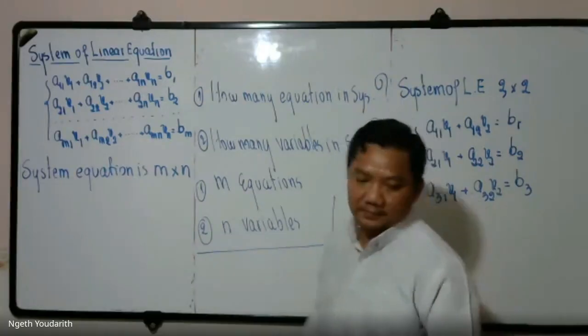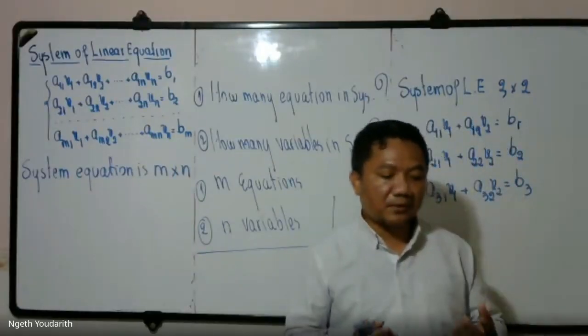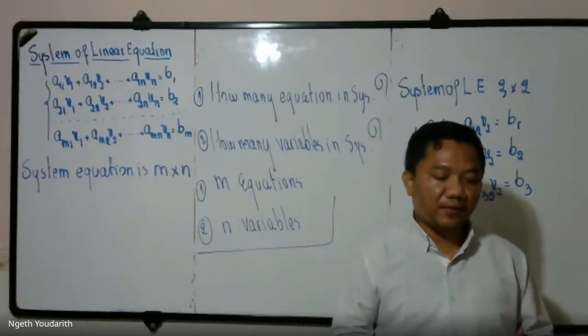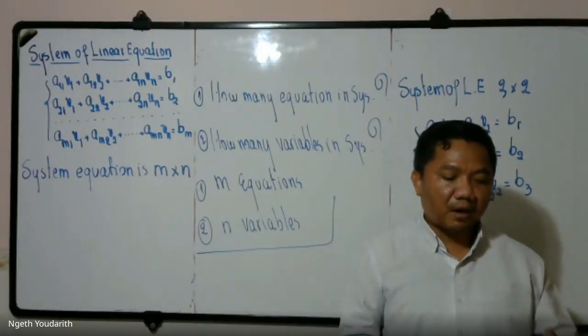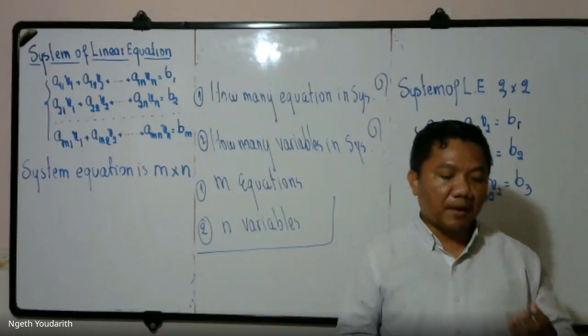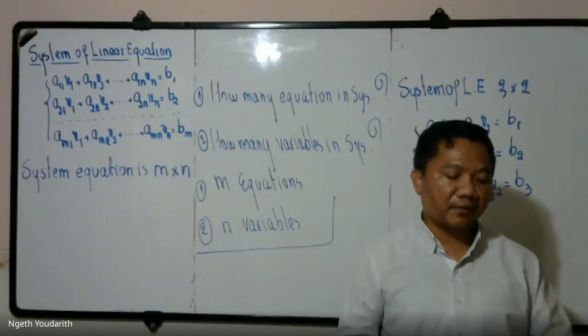Teacher, can I answer it? Yeah, please, of course. The augmented matrix is the matrix that we write only the constants of the system of linear equations. Yeah, you're right. The augmented matrix is a matrix that we write from our system of linear equations, but we take only the constants of the equations to write in the rectangle.